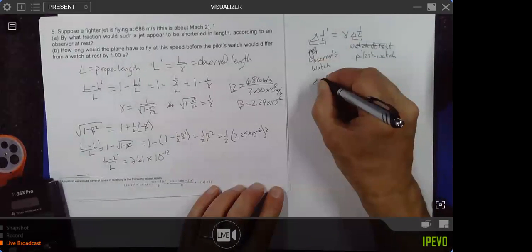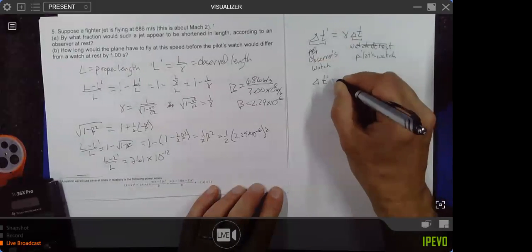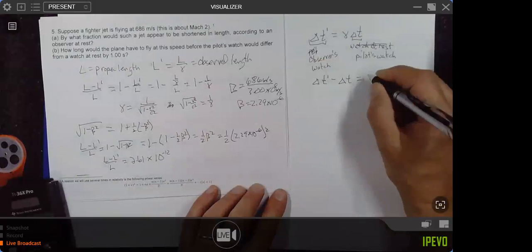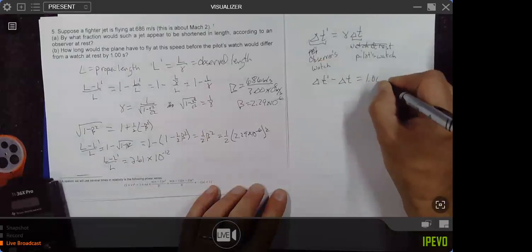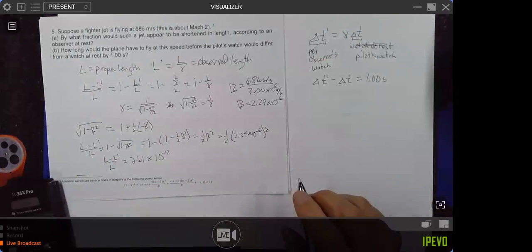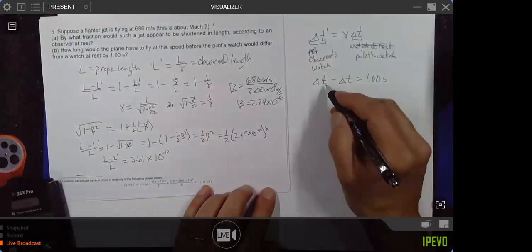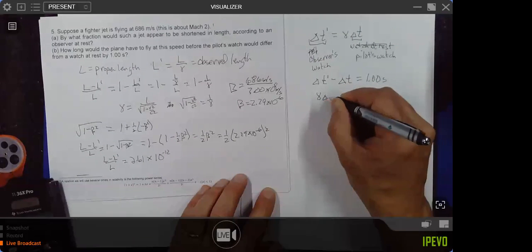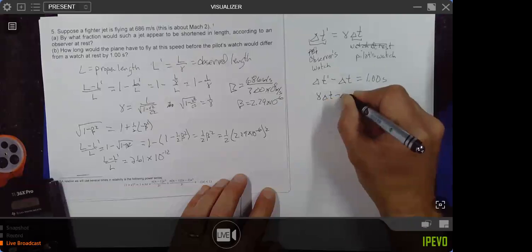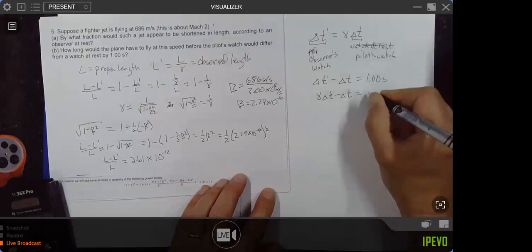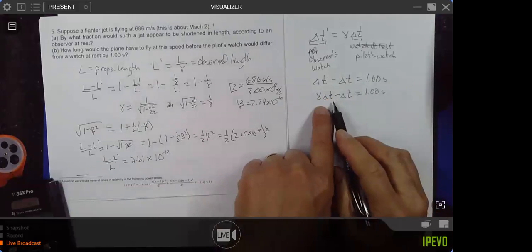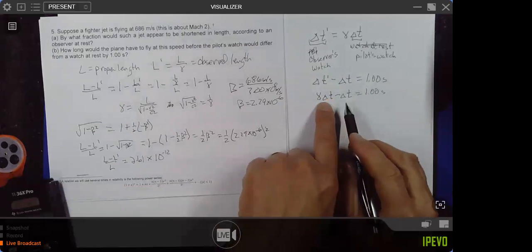And we'll have that delta t prime minus delta t equals 1.00 seconds. Well, delta t prime is gamma delta t. So gamma delta t minus delta t equals 1.00 seconds, and it's delta t that we're after.